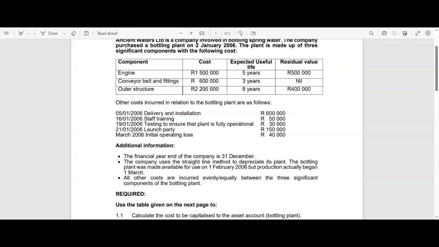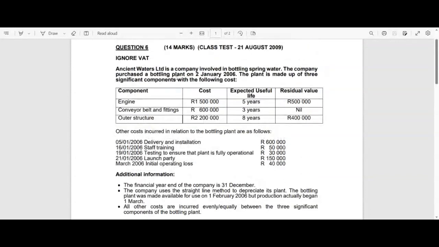So we must now remember that we'll have an account called, what is it again? Bottling plant. We'll have an account called bottling plant, engine cost. Right. So that is going to be our first cost account.